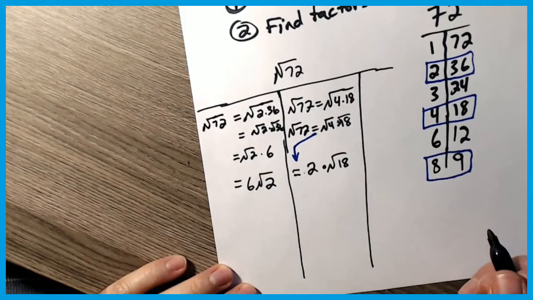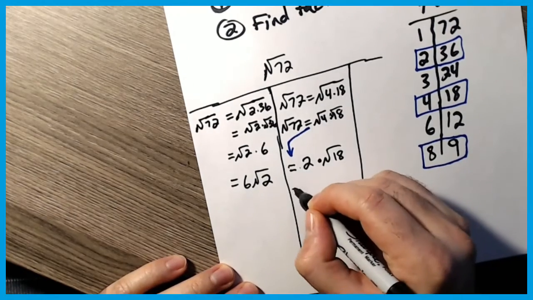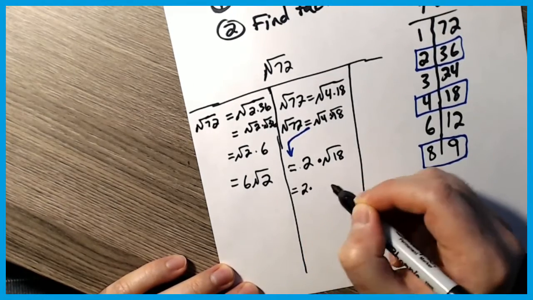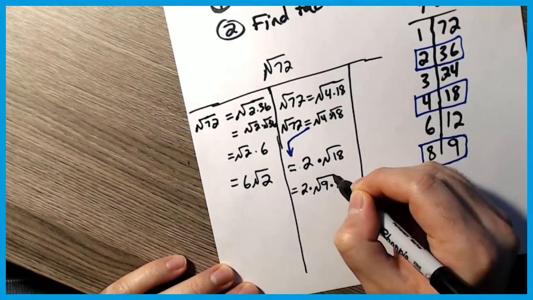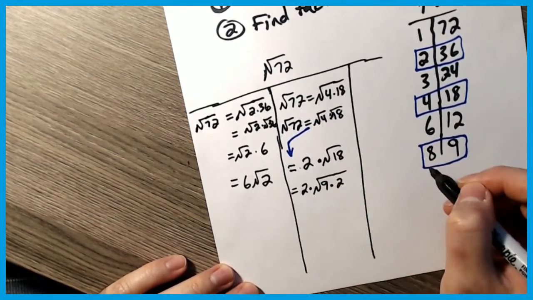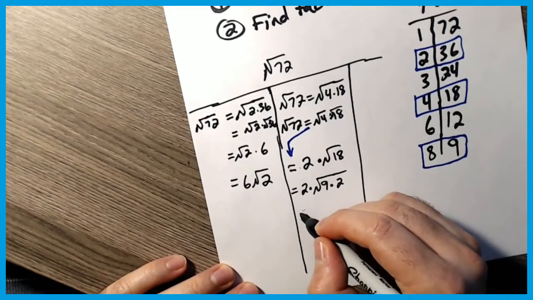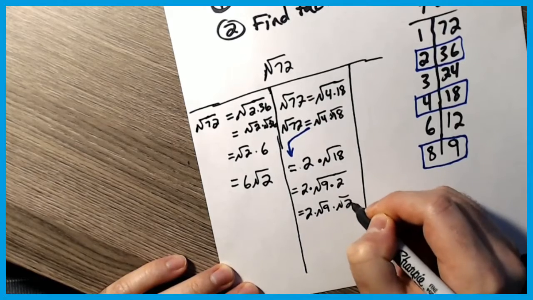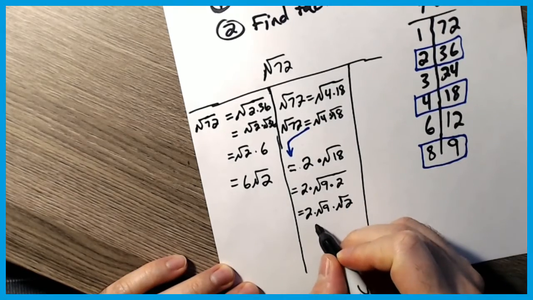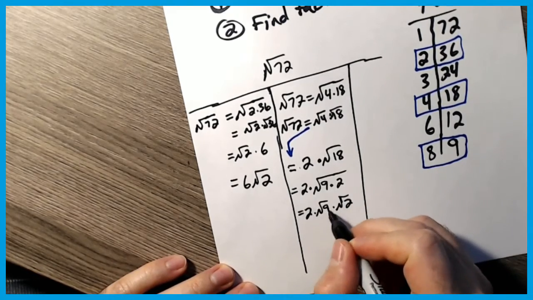It's 9 times 2. So what you're actually going to do here is say, all right, this is the same thing as 2 times the square root of 9 times 2, which is the same thing as 2 times the square root of 9 times the square root of 2. And the square root of 9 you can do, that's 3.